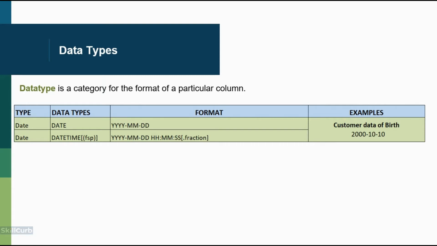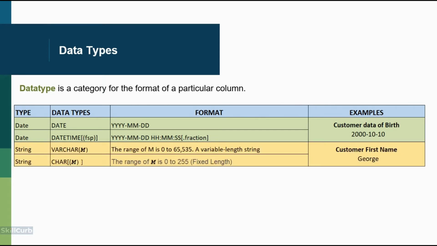The second date format is one where we have hours, minutes, and seconds as well. So for certain scenarios, we can have the date field defined in a more granular way. So date would be the first data type. The second data type is strings.